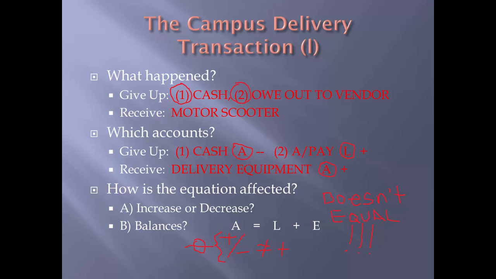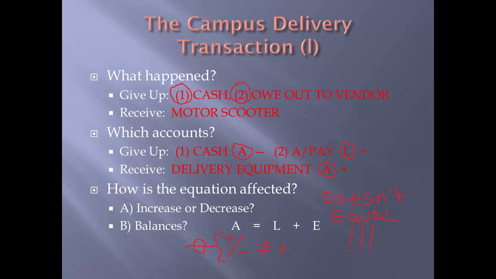Now I go to my increases or decreases. Do we have more or less cash than we did 5 minutes ago? We have less. Do we owe out more or less to the vendor than we did 5 minutes ago? We owe out more to the vendor. Do we have more or less motor scooter than we did 5 minutes ago? 5 minutes ago we had 2 motor scooters, now we have a third motor scooter. So we have more.